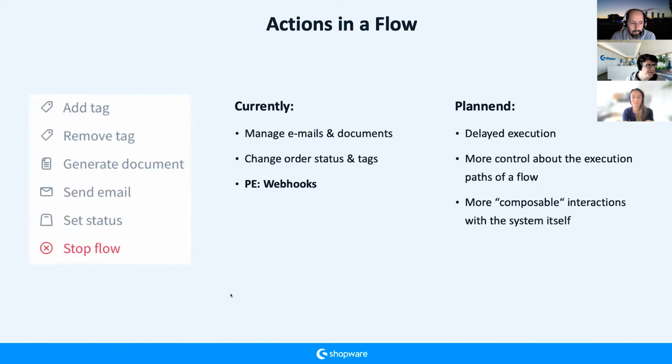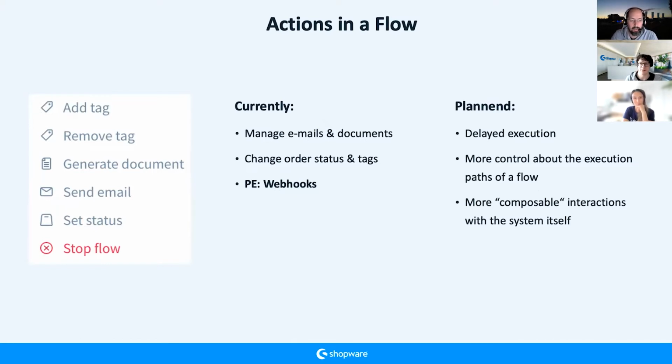And besides the triggers and the rules, the third block in the flow builder are the actions. Currently we have these 5 to 6 you see on the left side. At first, of course, you can manage everything that is related to emails. You can send emails like you can now with the business events.